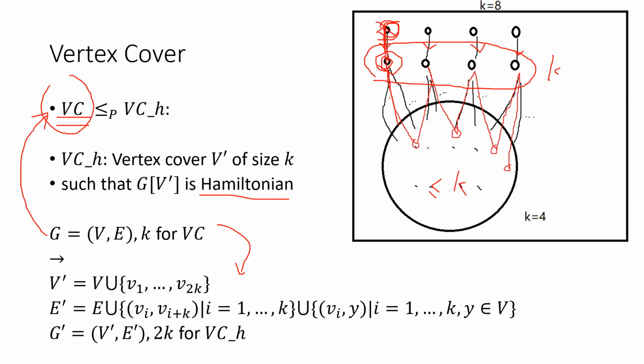No, no. If VC is equal to K, they can't be independent. Oh yeah, they can be independent.